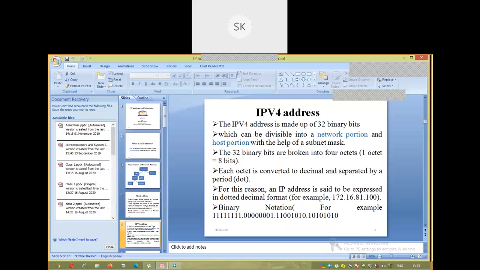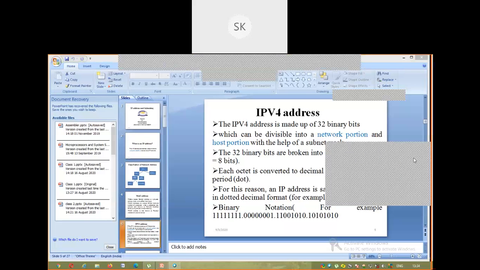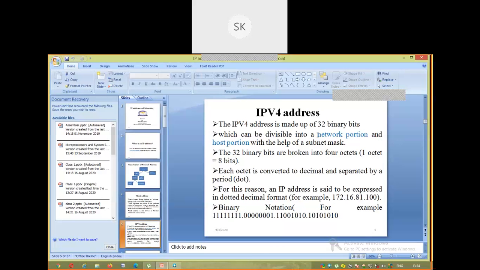Out of this 32 bits, some of the bits will represent the network portion and the rest of the bits will represent the host portion.